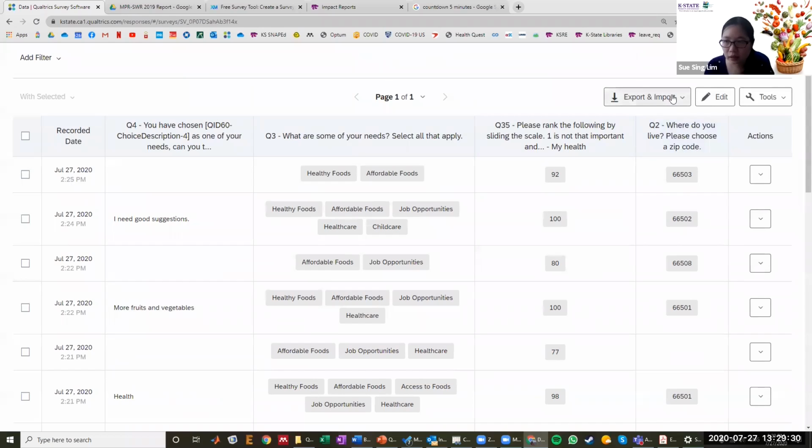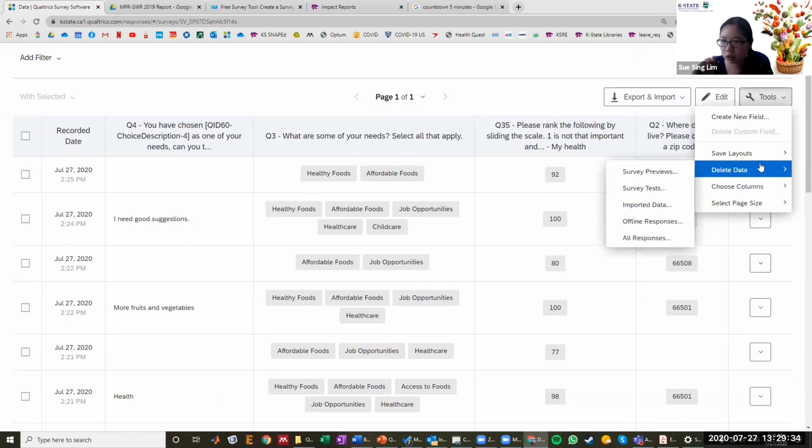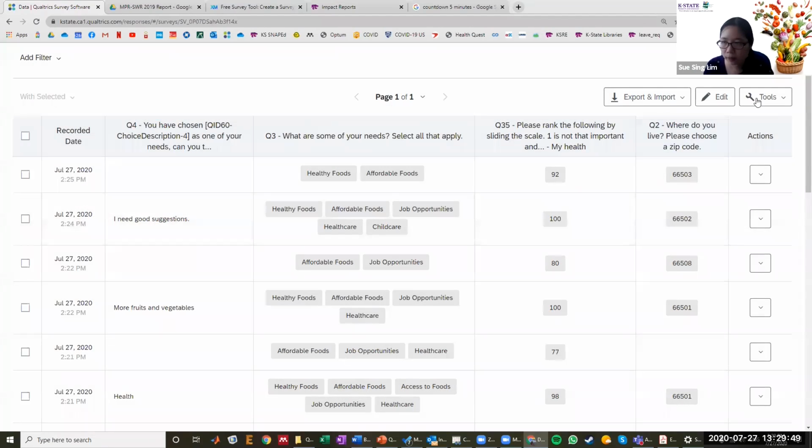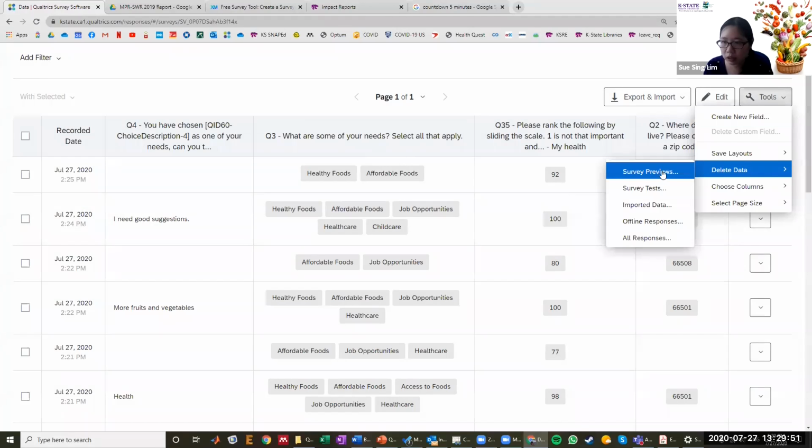But what I usually do is delete the survey previews data because you don't really want that. But it doesn't seem like I have any survey previews because I didn't send that out, so that's fine. Again, you want to remember to delete the survey previews if you have sent it and people have responded.